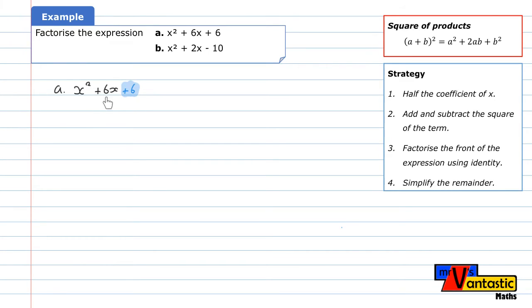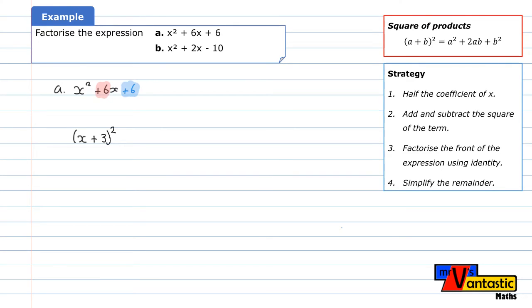So if we look now at this b term, the term in front of the x. If this was a perfect square, then we would have a bracket with x plus half of this term. So half of this 6 would be 3, squared.